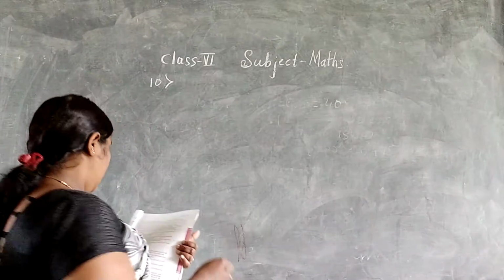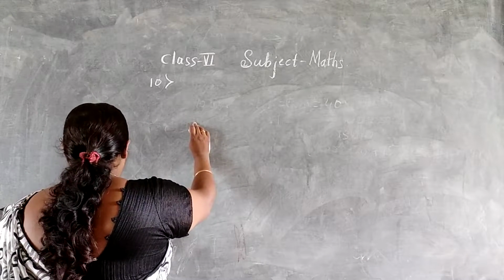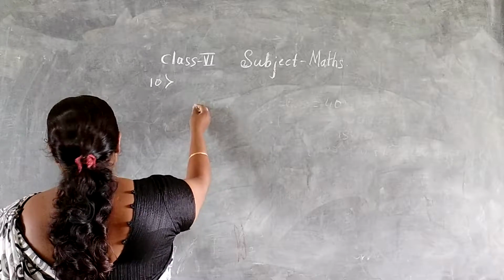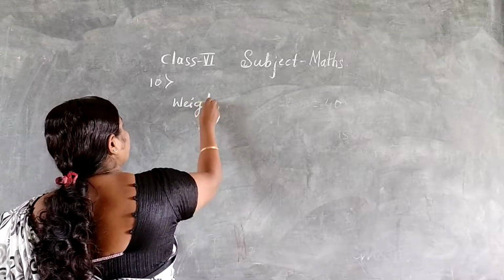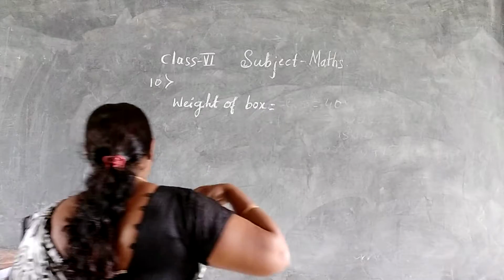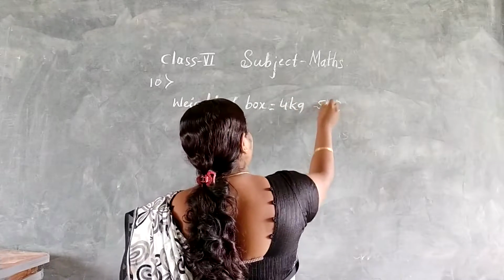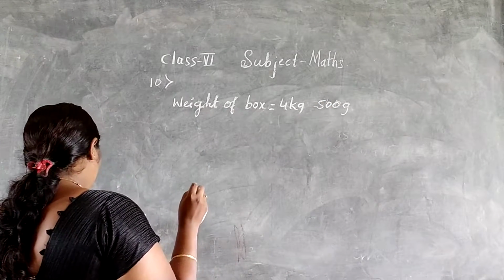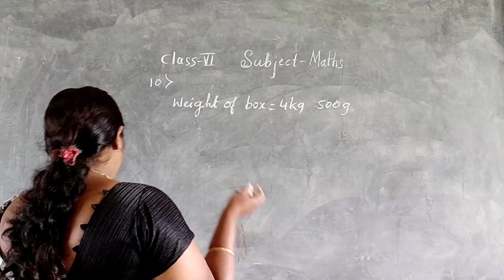Now see, medicine is packed in boxes. The weight of a box is 4 kg 500 gram.